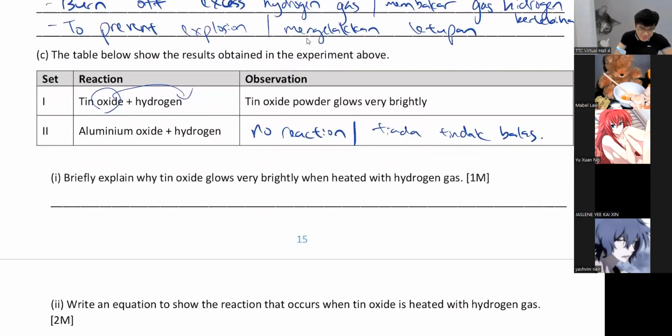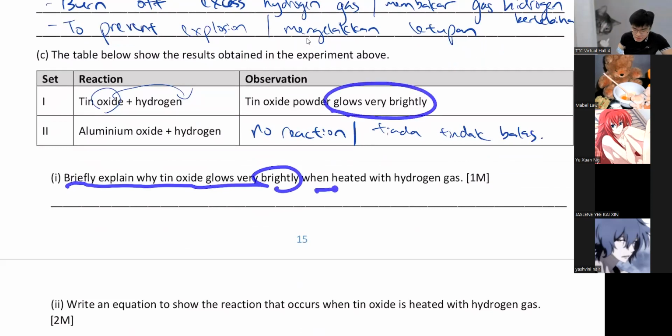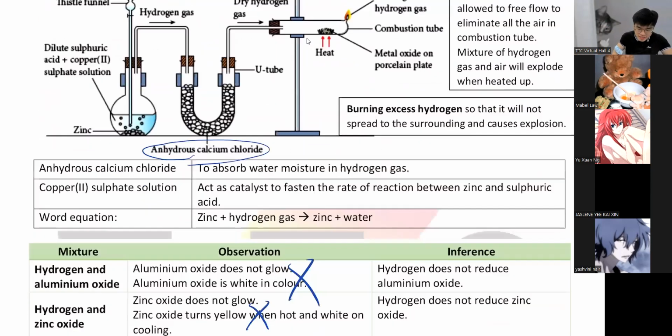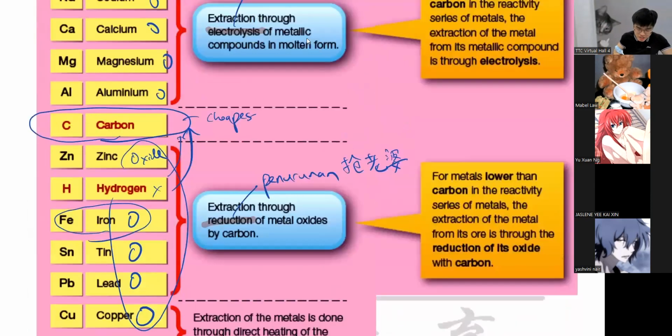So briefly explain why tin oxide glows very brightly. Why does it glow when heated with hydrogen gas? Because hydrogen took the wife away. How do you say that? The process of taking the wife away is called reduction. Penurunan.